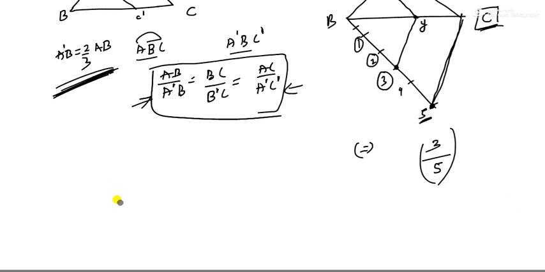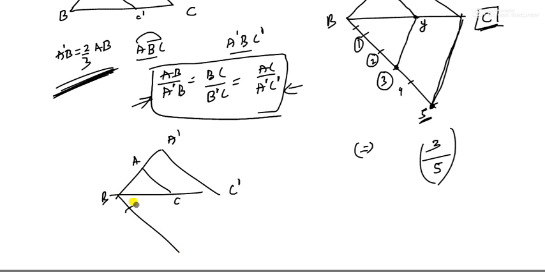Again one more question. If they give you like this, this is A B C, this is A dash C dash, and they have cut it into 5 parts, 1 2 3 4 5, but this time they have joined it from 4 like this, and then from here. So this is the old triangle, correct?